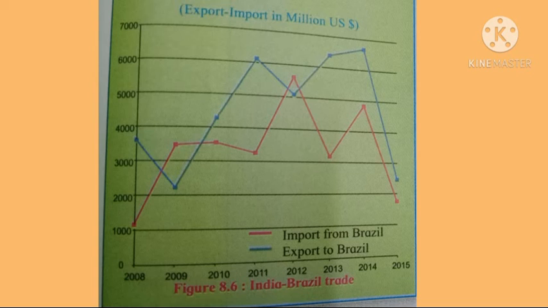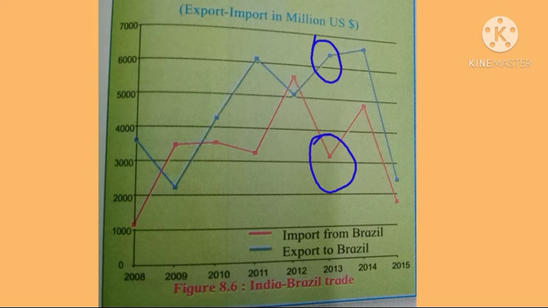If you consider the same year 2013, we can see that the value of balance of trade of India, compared with Brazil, is maximum. The value of balance of trade for India is favorable. That means export is more than the import.